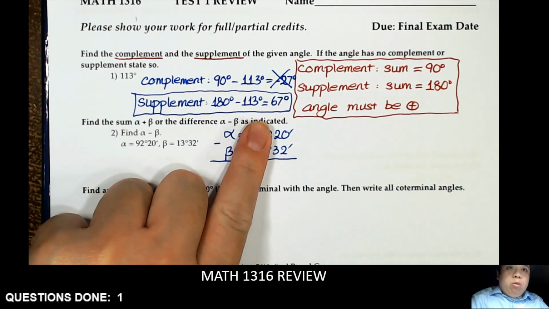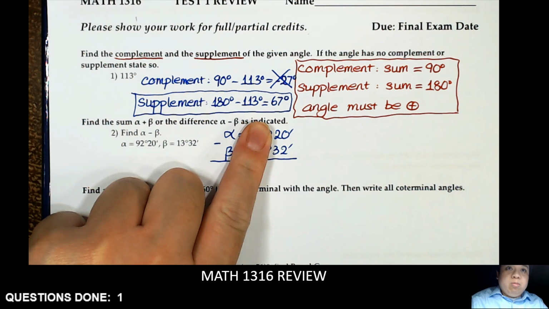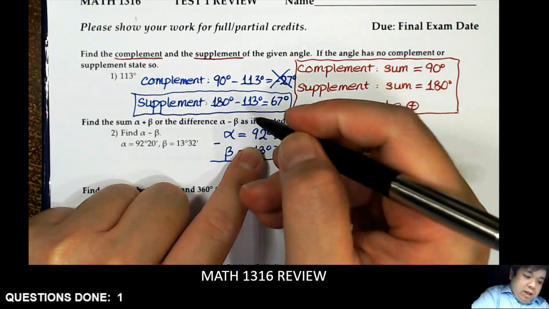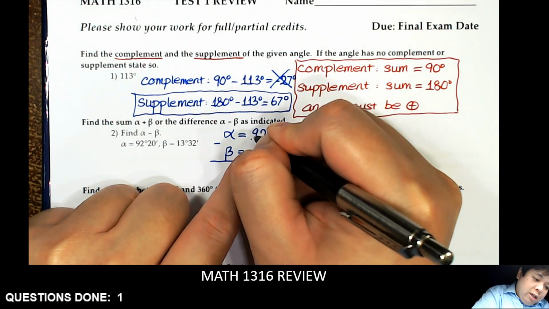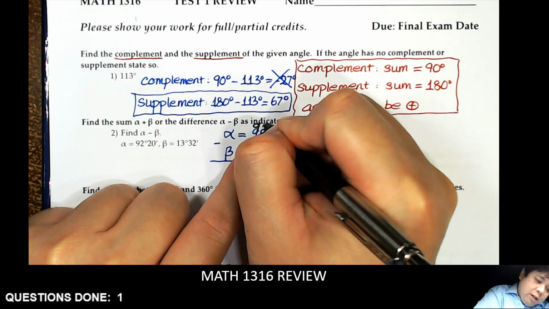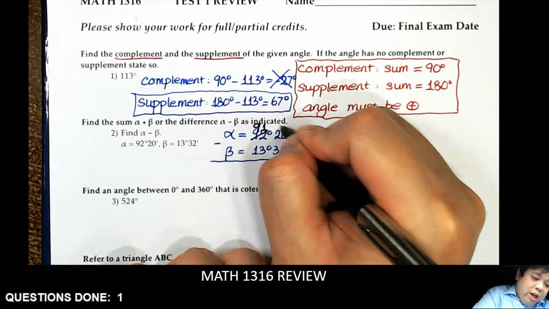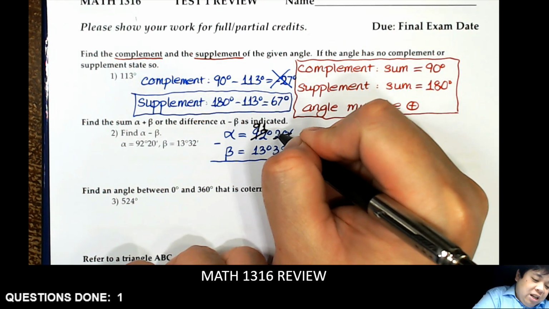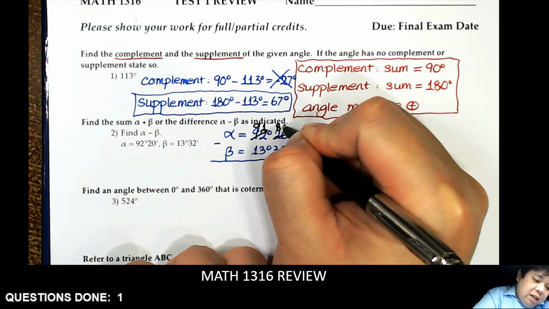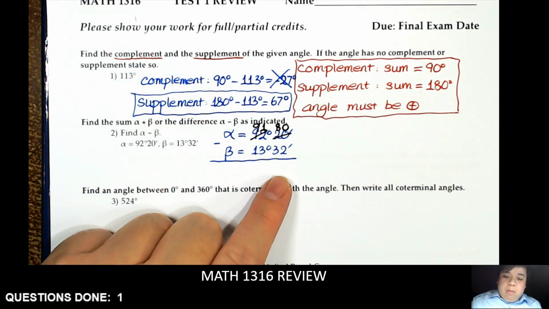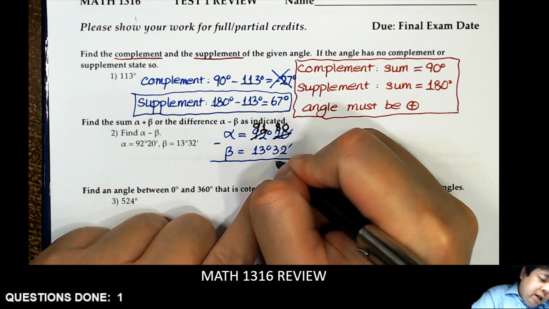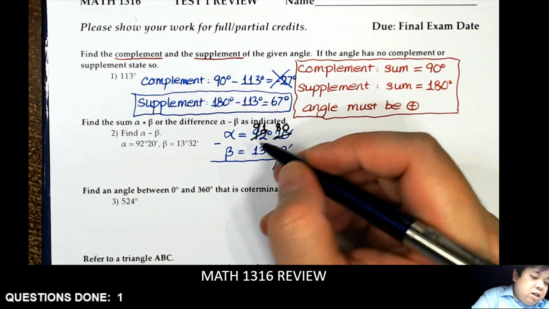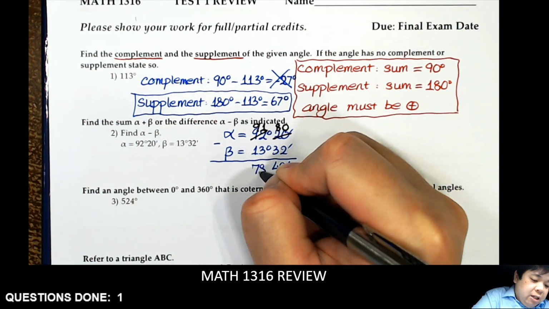We go from right to left. 20 minus 32, that's not enough, so we borrow 1 degree, so that turns into 91, and 1 degree equals 60 minutes. We add 60 to 20, that gives us 80. Then 80 minus 32 is 48 minutes, and 91 minus 13 is 78 degrees.